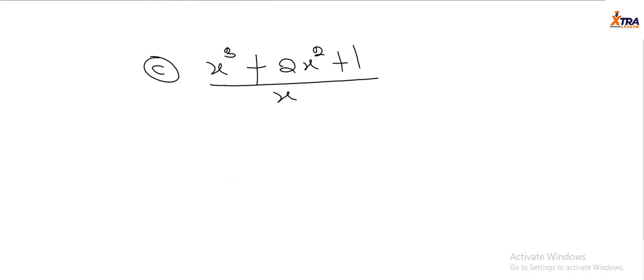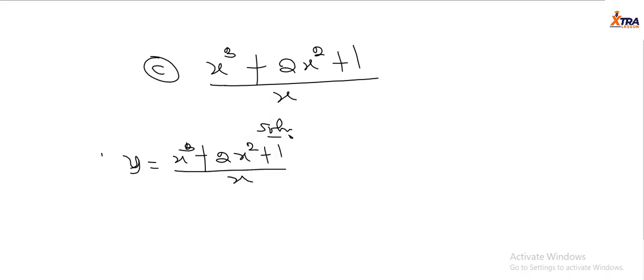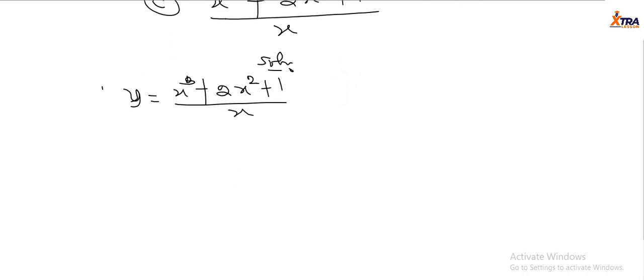So now another one, we have the solution. We have y equals x to the power 3 plus 2x to the power 2 plus 1, over x. For this case, you have to split the denominator.